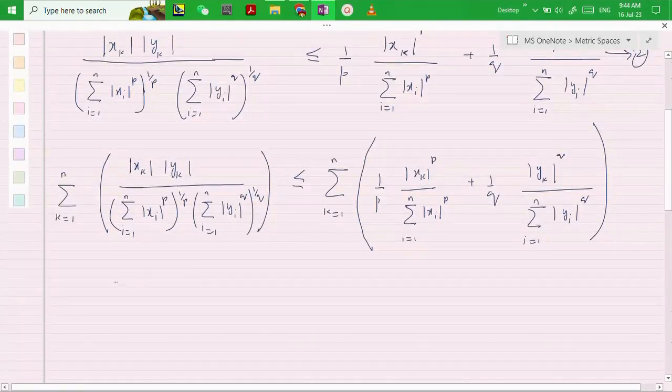Here what happens? Because this summation is for k, it goes inside, because this quantity in the numerator, this one, comes outside, because this is independent of k. So it comes outside this sum. Which sum? We have this sum, k from 1 to n.